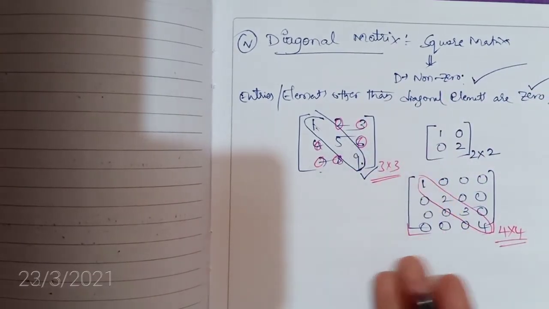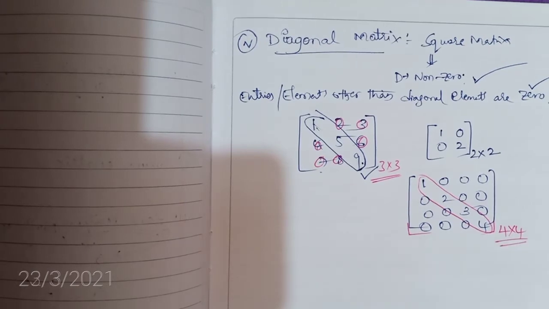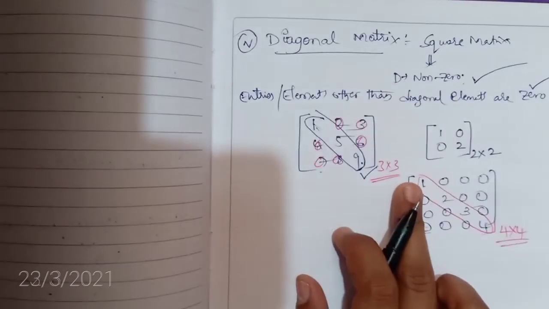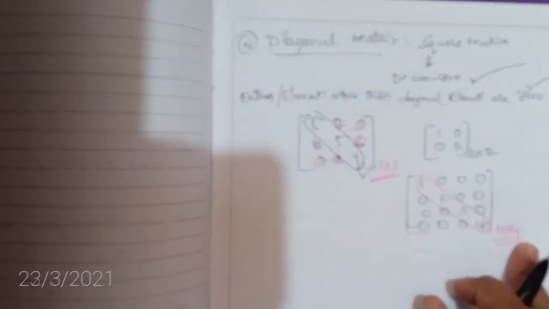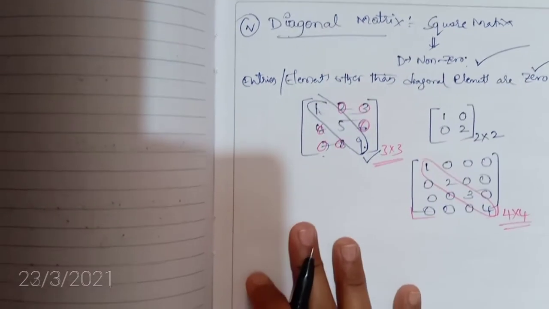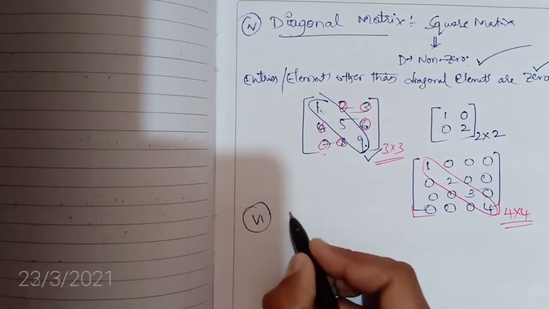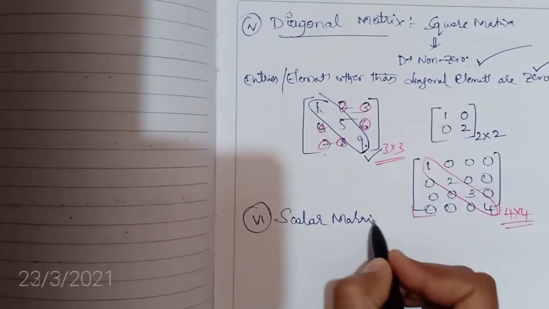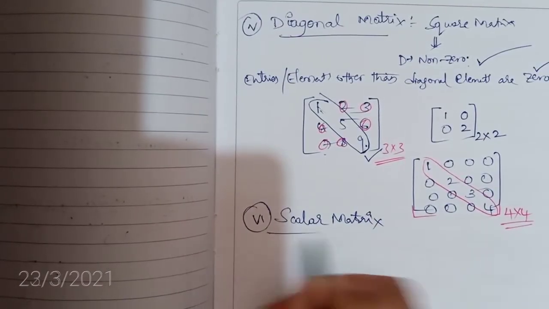Now in a diagonal matrix, consider one more condition: these diagonal elements are all the same. If I take 2, it is 2 2 2 2. Then that particular matrix has one more name, that is scalar matrix. What is a scalar matrix?